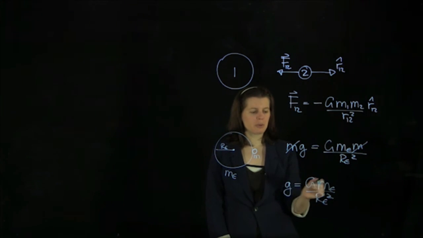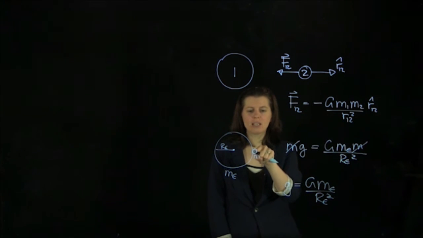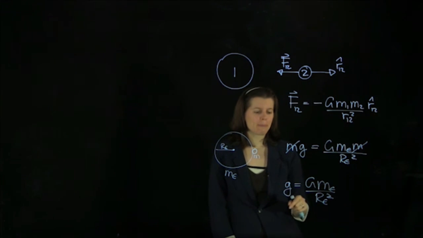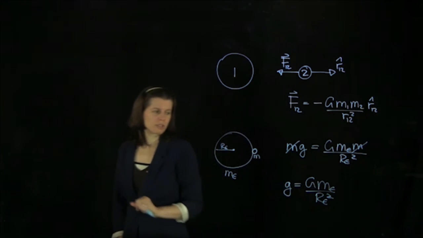It would be different if we plug in the solar mass and the solar radius, or the moon mass and the moon radius if we consider an astronaut standing here on the moon's surface. Now let's put some numbers into this equation.